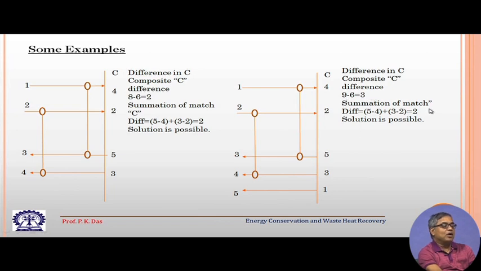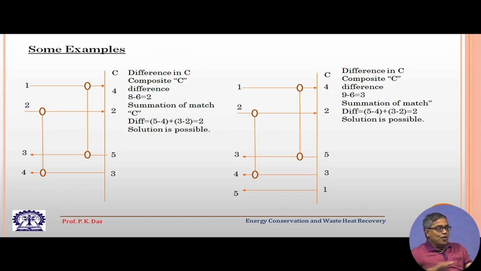And the summation of match: we are considering one match between 4 and 5, that means stream 1 and stream 3, and another match between stream 2 and stream 4. In this case the difference is 5 minus 4, and in the other case it is 3 minus 2. So this will be 1 plus 1, that is 2. Here also a solution is possible.